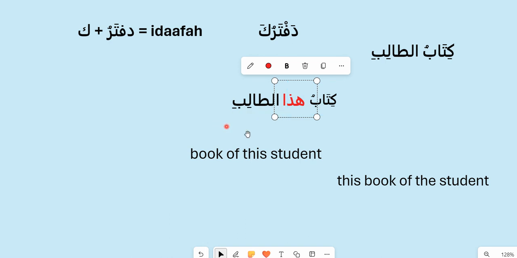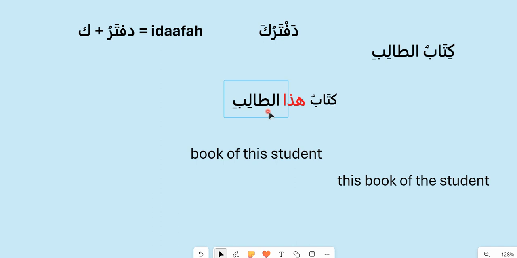So when it is used for the mudaf ilayh, it can come in front of the mudaf ilayh. Why can it come in front of the mudaf ilayh? Because mudaf ilayh is marifa, and you know the rule, ism al-ishara always comes together with a marifa noun. So that's why haza ism al-ishara can come in front of the mudaf ilayh. But here, haza cannot be used for mudaf.